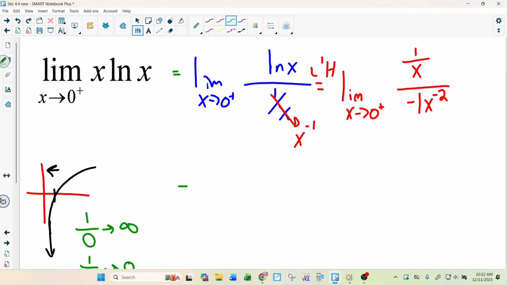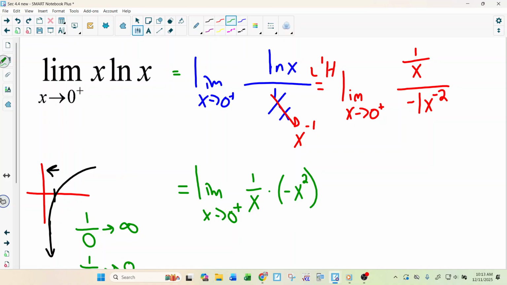So now I can simplify this. I have 1 over x times negative 1, and x to the negative 2 is really just x squared on the bottom, so negative 1 over x squared. Notice, this is why we put the LH only there.